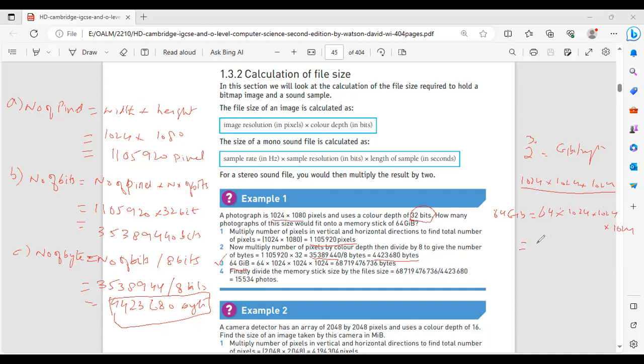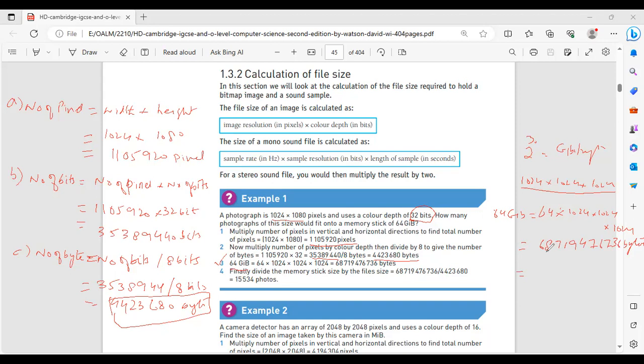Now you will get a huge answer, 68719476736 bytes, for 64 GB.